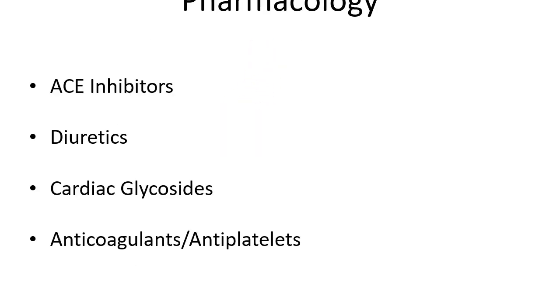More pharmacology. ACE inhibitors, angiotensin-converting enzyme inhibitors. Those are your -prils, your lisinopril, those sorts of drugs. What they do is they suppress the renin-angiotensin-aldosterone system. So angiotensin-converting enzyme is supposed to convert angiotensin 1 into angiotensin 2.